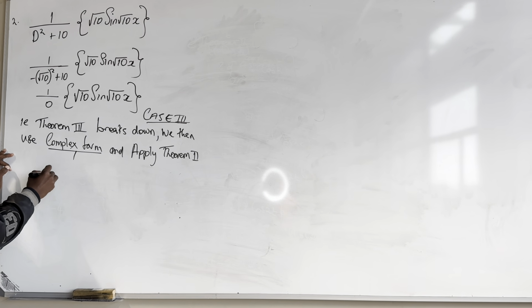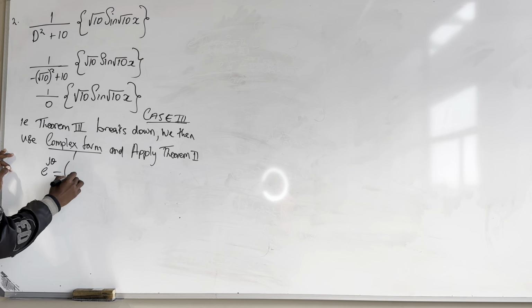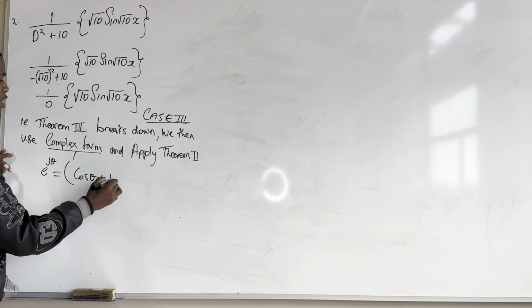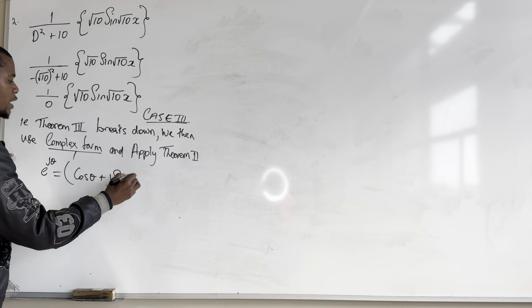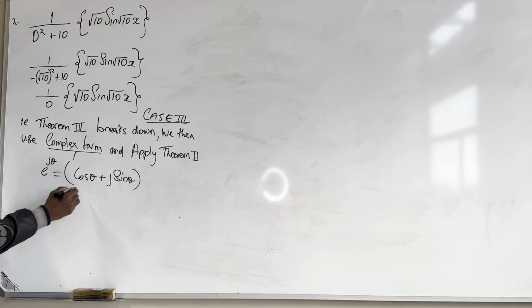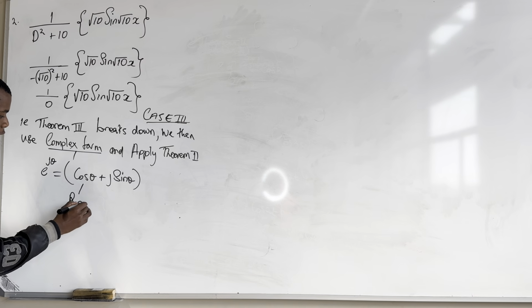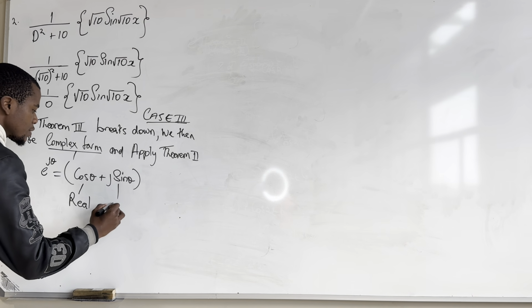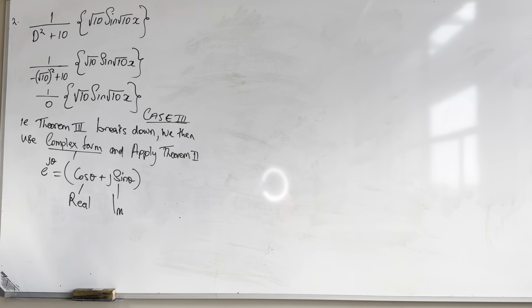You will have e to the power of j theta equal to cos theta plus j sine theta, where cos theta represents the real part and sine represents the imaginary part.